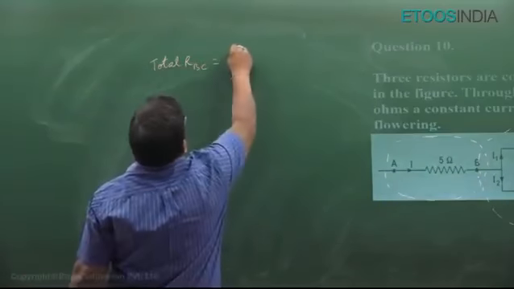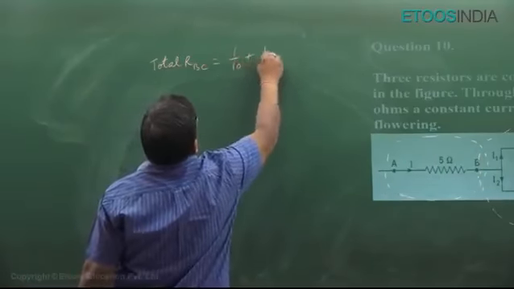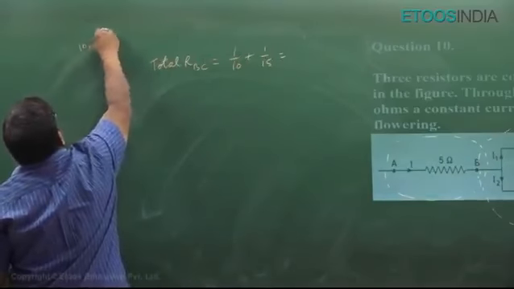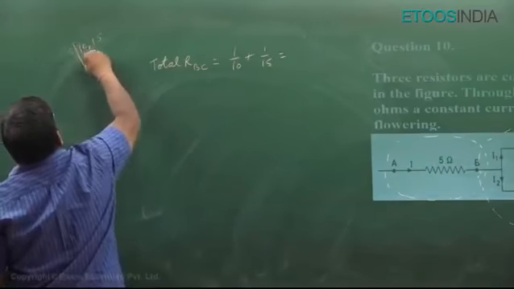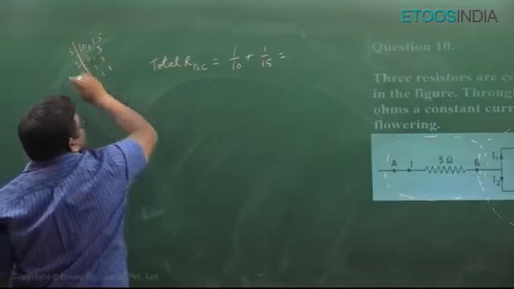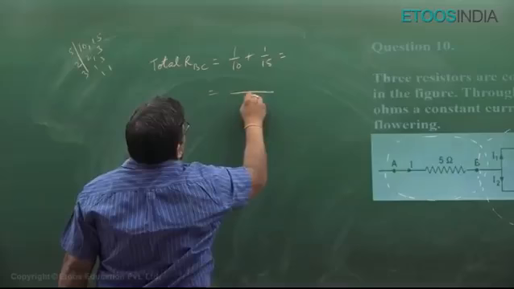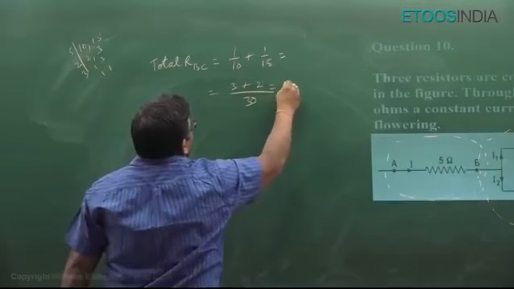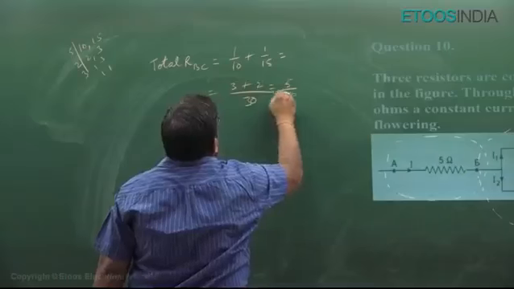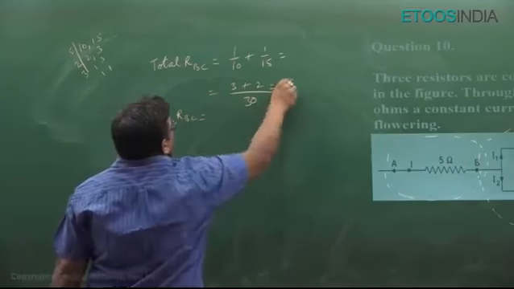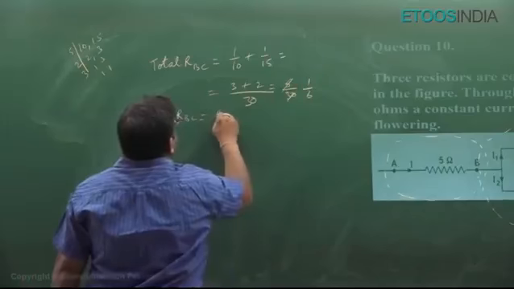It will be 1 upon 10 plus 1 upon 15. If I take the LCM of 10 and 15, which is 30, it is 3 plus 2, that is 5 by 30, so RBC is equal to 6 ohms.